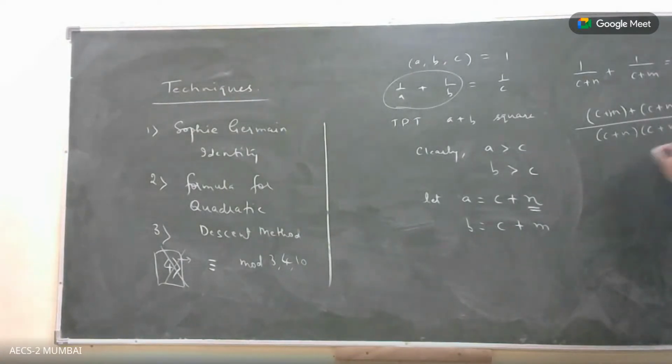So what do I get? I cross multiply. So c into all of this is 2c plus m plus n, equal to 1 into this.